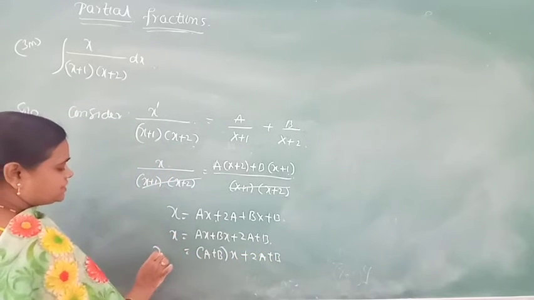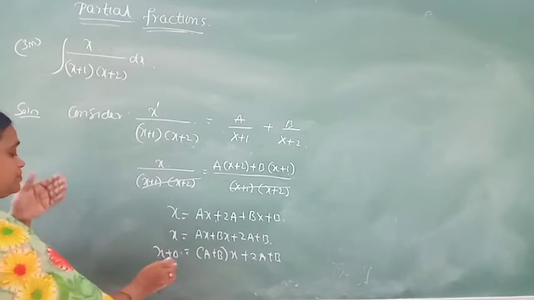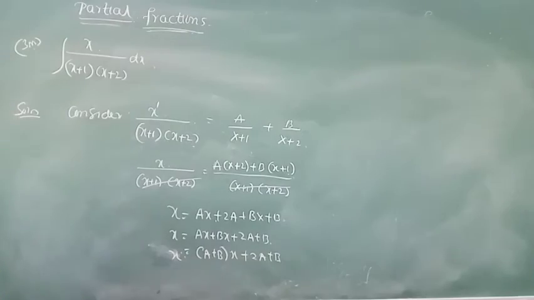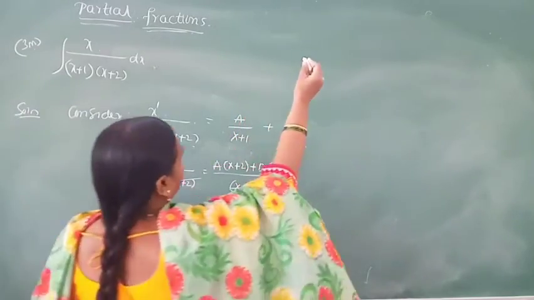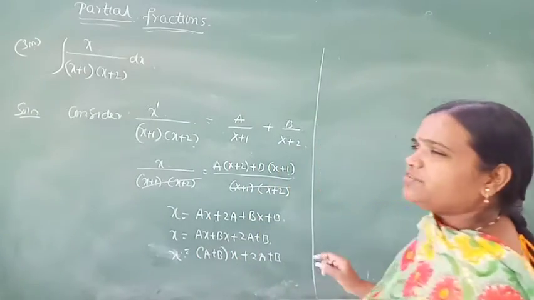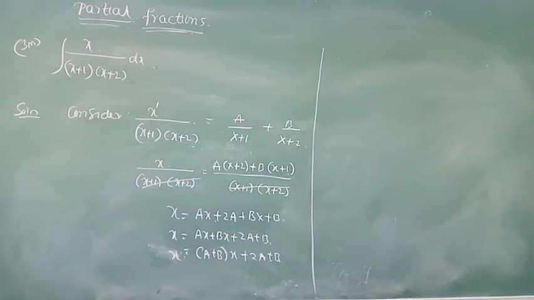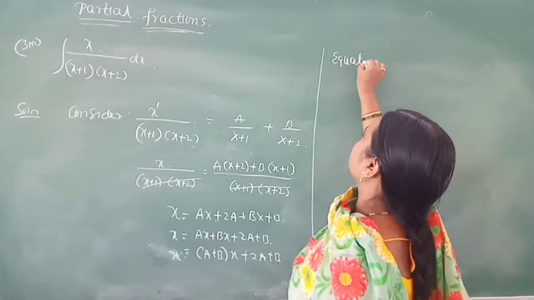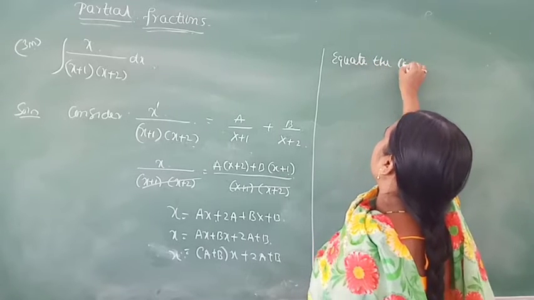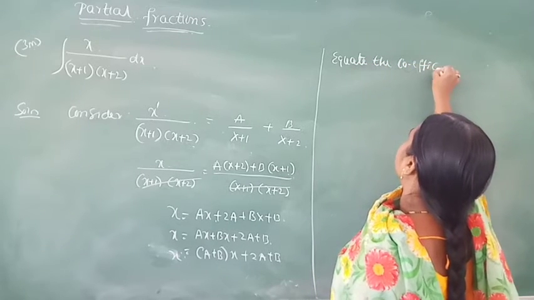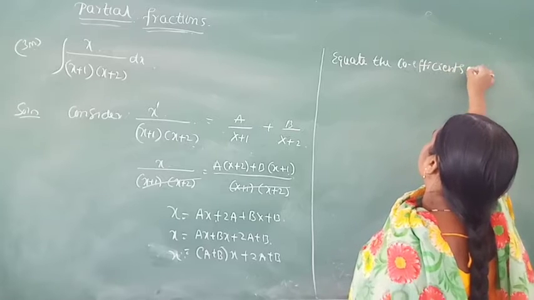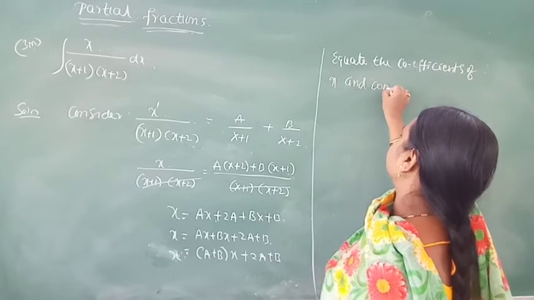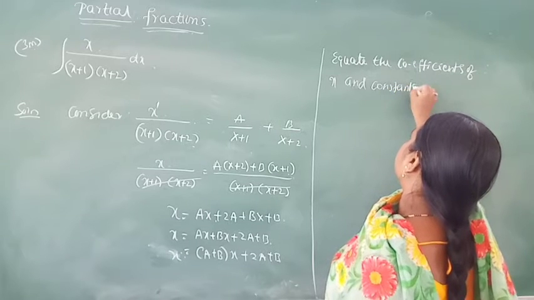And this is x. For calculation of a and b, we have to equate the coefficients of x and constants separately.